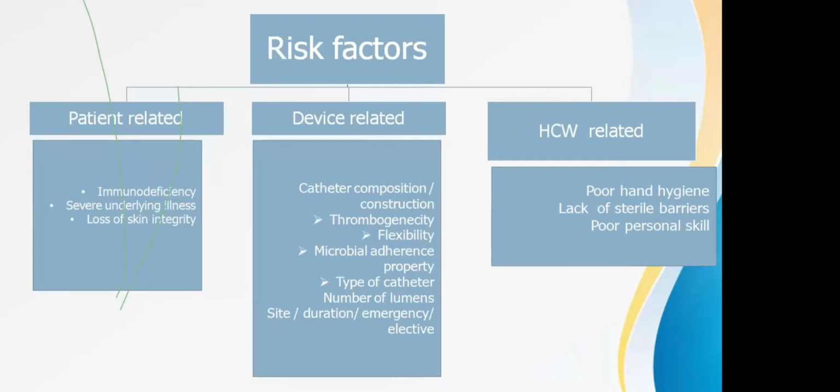What is the property of the device which you are inserting into the patient, the type of catheter, how many lumens are there, what exactly is the site, for how long you're putting it, and what was the indication. Was it elective or an emergency? What was the indication for you to put the device in a particular high risk patient? So these are the device related risks which we generally see.